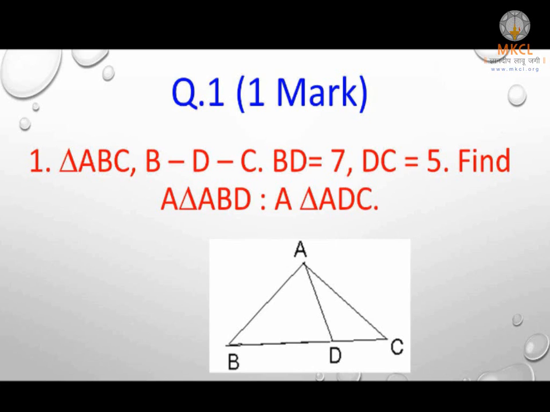So when we take a ratio of area of triangle ABD to area of triangle ADC, it becomes base upon base because height gets cancelled, and therefore the ratio will be BD is to DC, that is 7 is to 5. These explanations must appear in your answer.